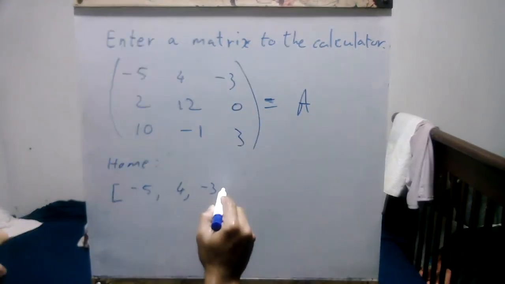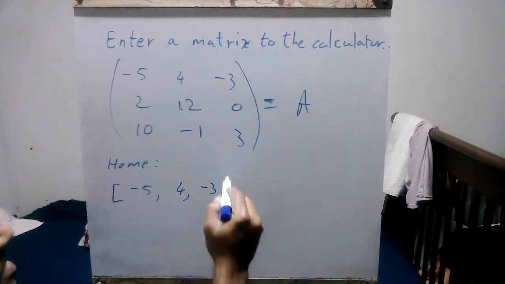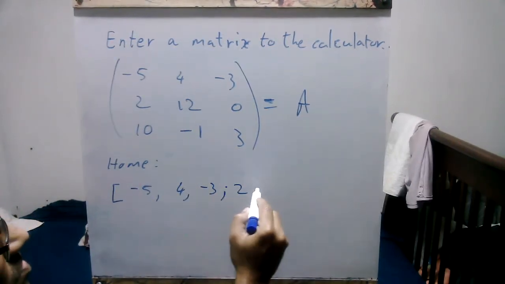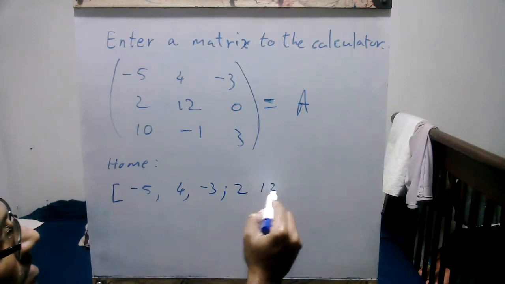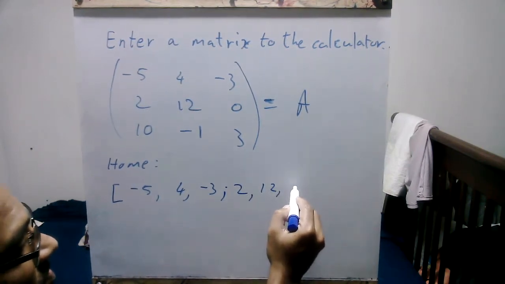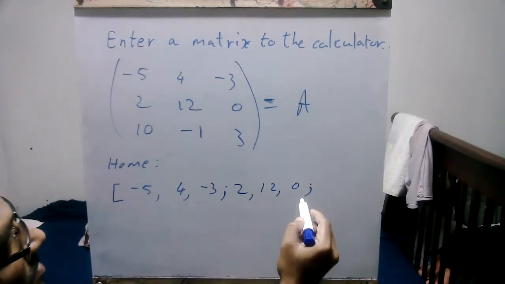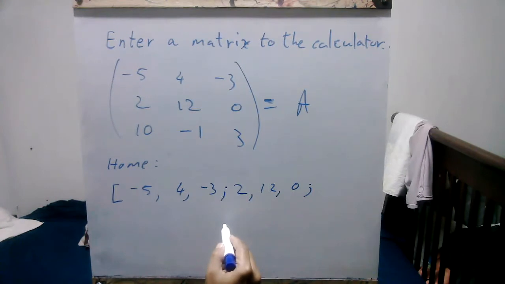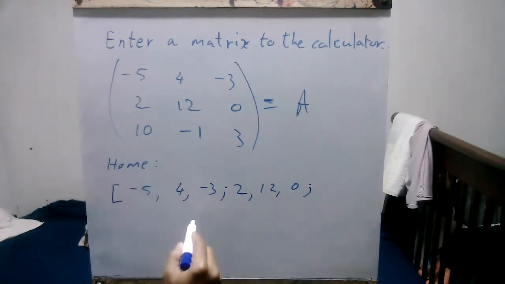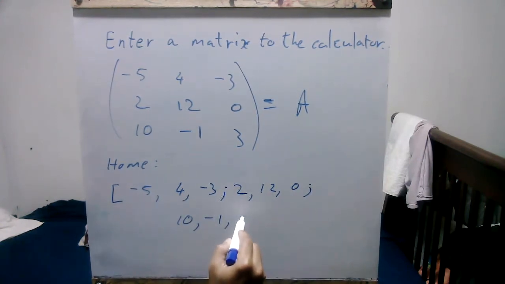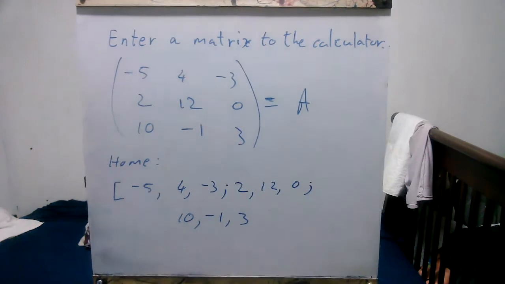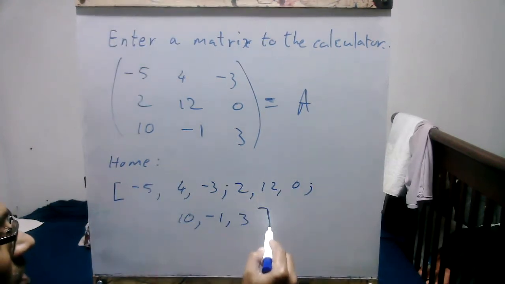After you enter the first row, do a semicolon, then the second row, 2, 12, 0. Finish the second row, semicolon, do the third row, 10, -1, 3. After you enter everything, close this.